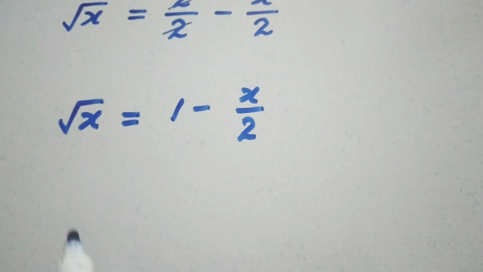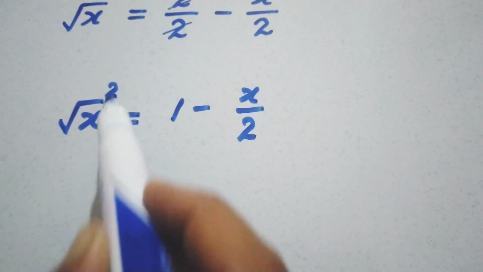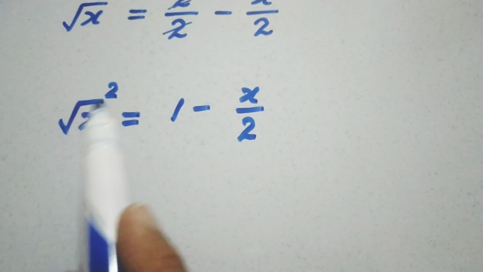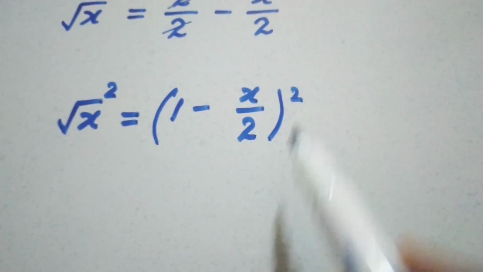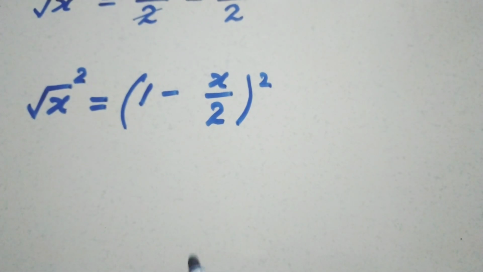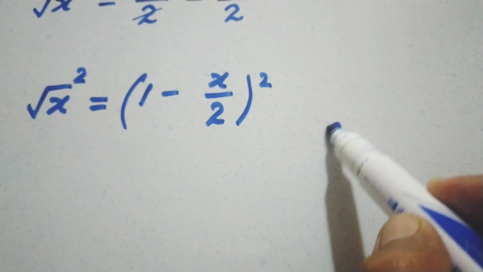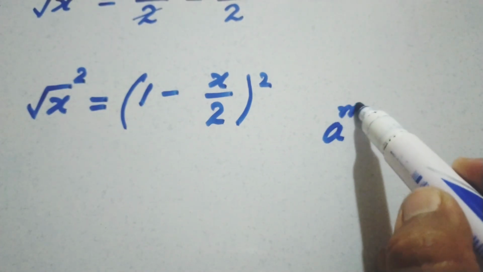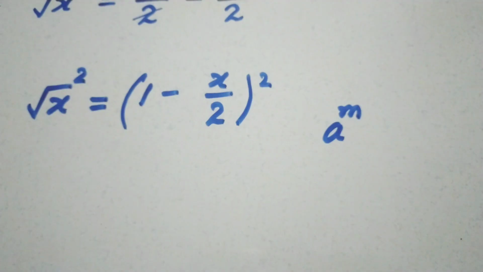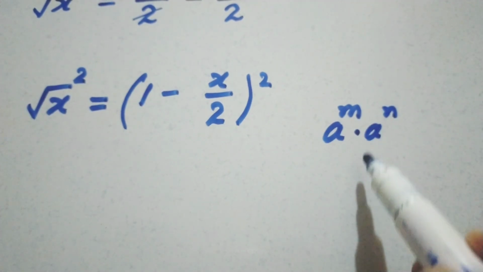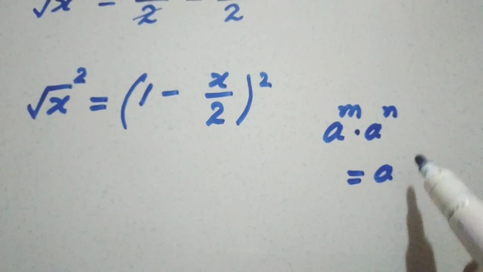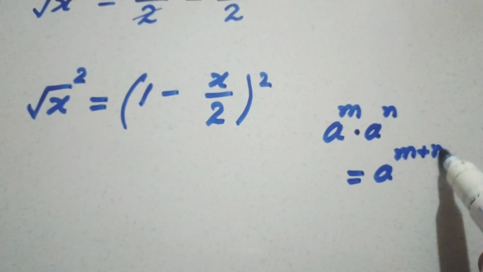Now squaring on both sides, so square root of x squared is equal to 1 minus x by 2 whole squared. But from an algebraic identity, if we have a power m multiplied by a power n, this is equal to a power m plus n.